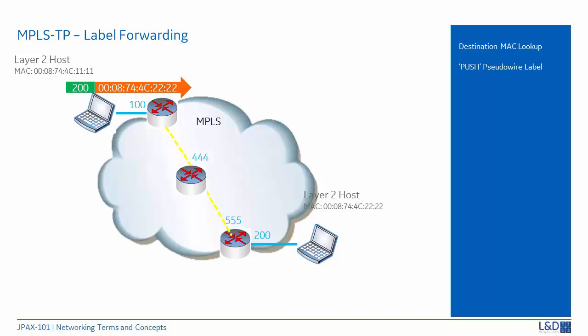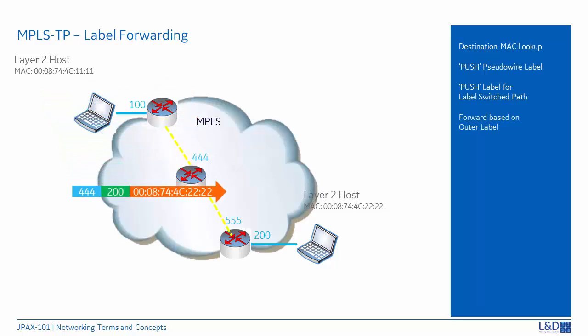Note that the local router on which the access port is located is also called a provider edge or label edge router, LER. Next, a lookup is done to see which label switched path, or LSP, label this packet is to use in order to follow the correct path to the remote provider edge router. Based on the label and the associated next hop, the packet would be forwarded out the correct interface to the next router in the LSP path.